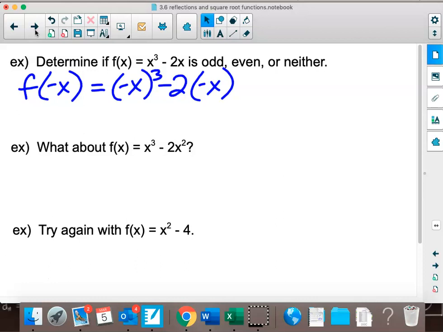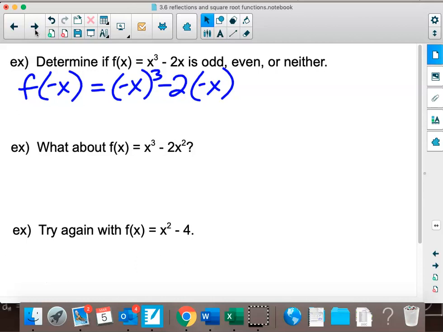I have a question. What is 2 cubed? It's 8. What is negative 2 cubed? It's negative 8, because it's negative 2 times negative 2 times negative 2, right? So if you take a number times itself an odd number of times, the negative number is going to stay negative, right?